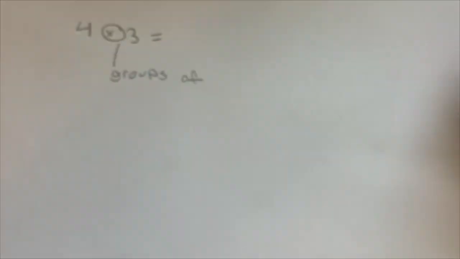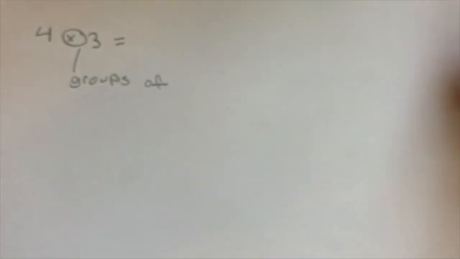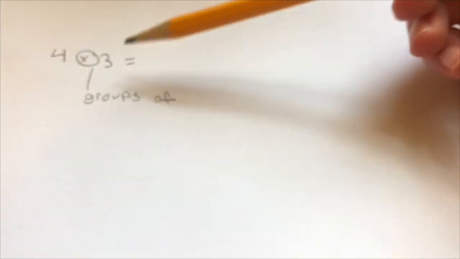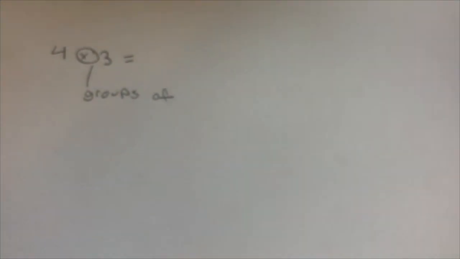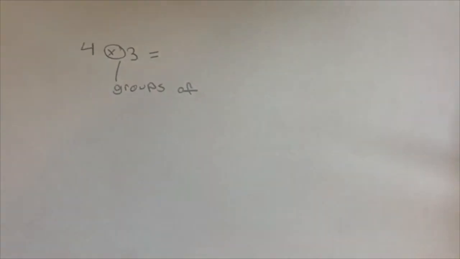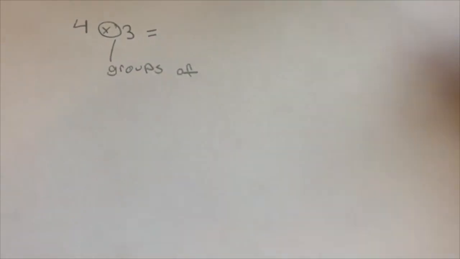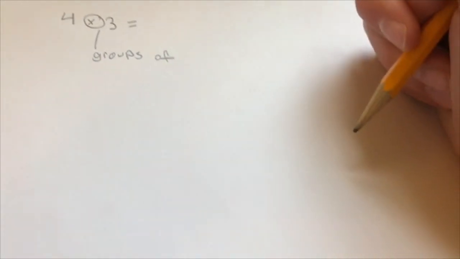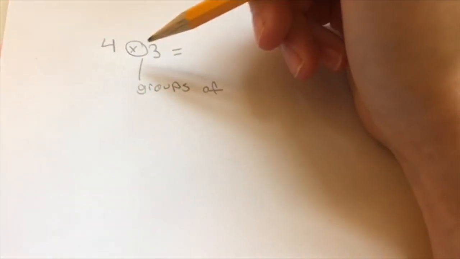This is something I didn't learn until probably 4th or 5th grade, and I was just memorizing facts, and it became really annoying and difficult. If you think of it as groups of, especially if you're beginning, then eventually you'll just know the answer because you will have done it so many times. But memorization is way harder than doing this. So this problem is 4 groups of 3.